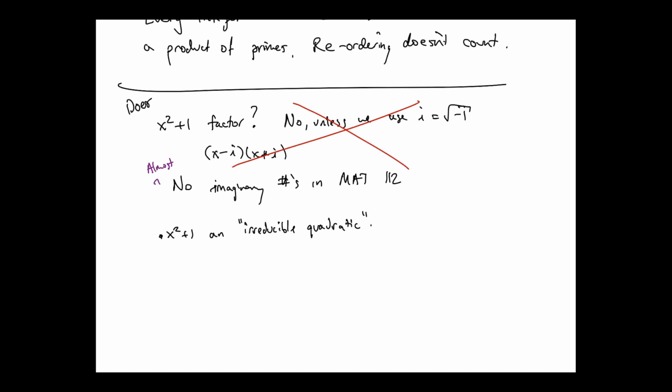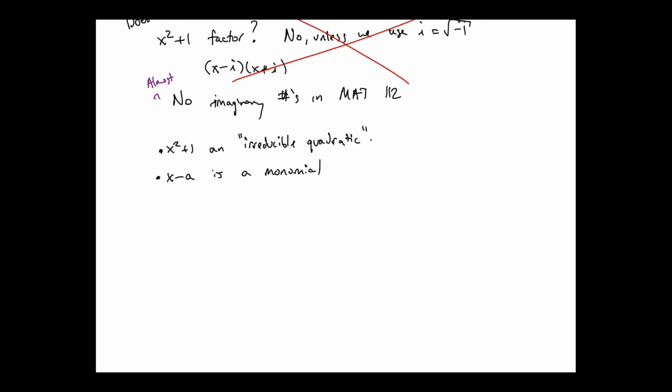I also could have monomials of the form x minus some number or x plus some number.